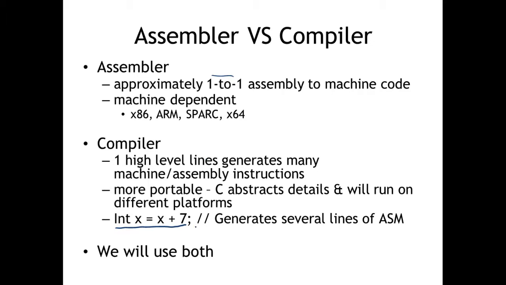The compiler makes things a little bit more portable because we can abstract some of the details that handle the differences between the platforms as the compiler ultimately generates that machine code for us. Assembly can be machine dependent, and for the course we'll use both. We won't take a look at the actual template files that we're using right now at this point. If you're interested, definitely take a look at those.